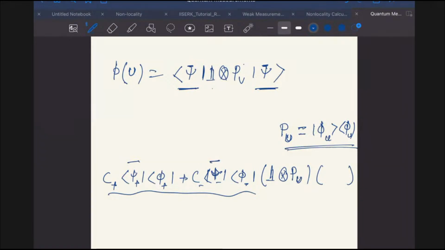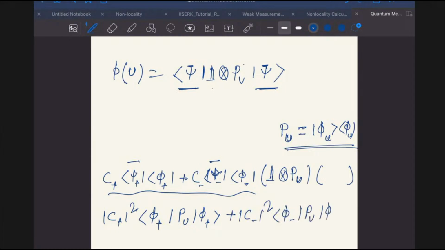Only the surviving terms will be C plus mod square phi plus PU phi plus, plus C minus mod square phi minus PU phi minus.